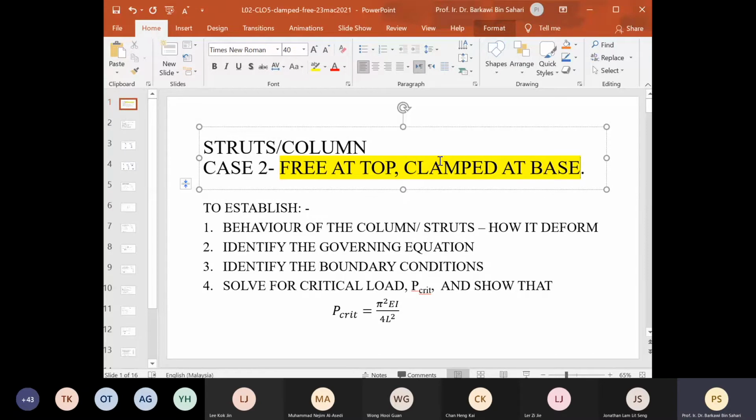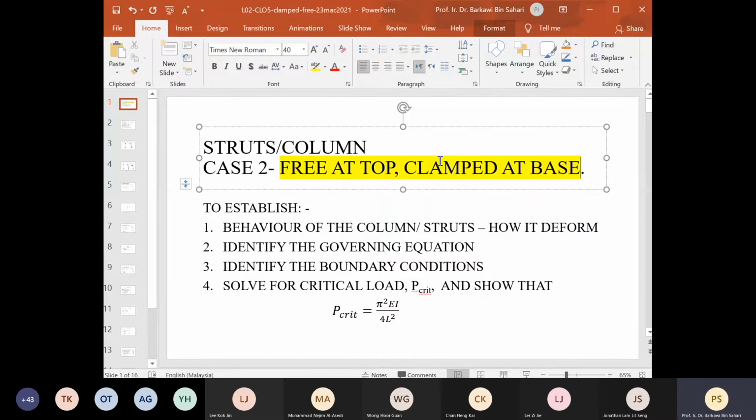In that situation, we call it free at the top and clamped at the base. If it is lying horizontal, then one end is free and one end is clamped. So that terminology depends on the orientation of the beam or column.